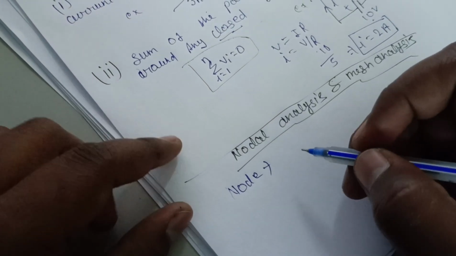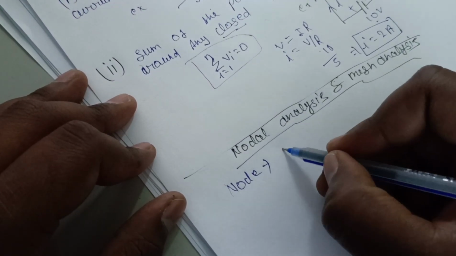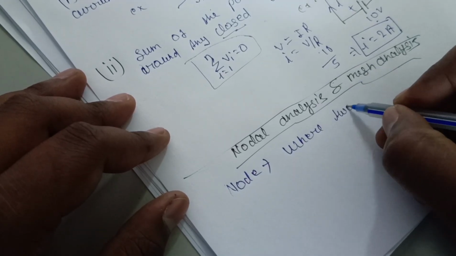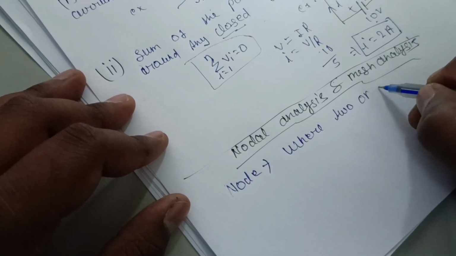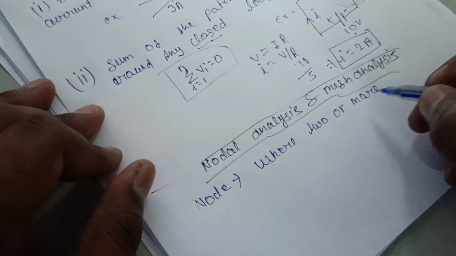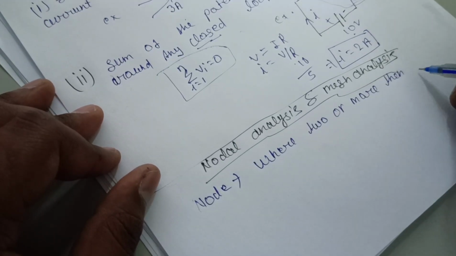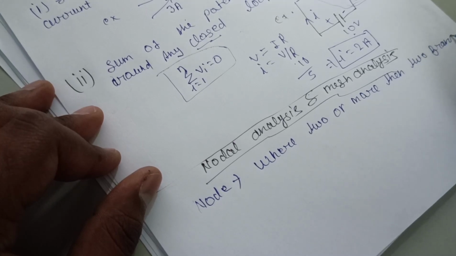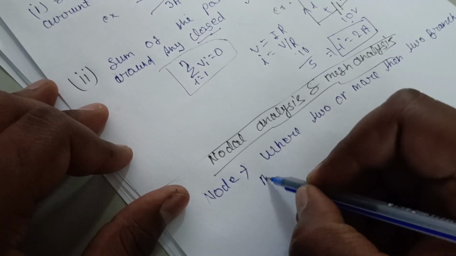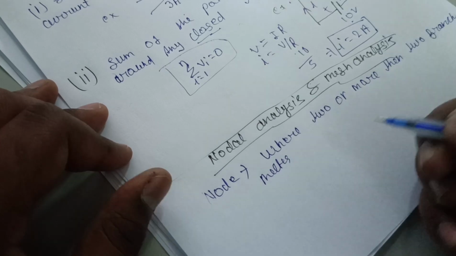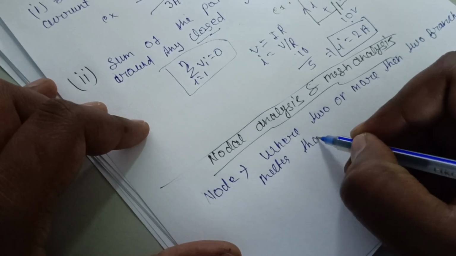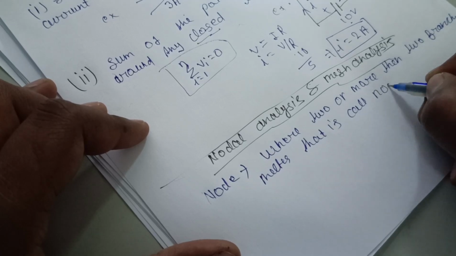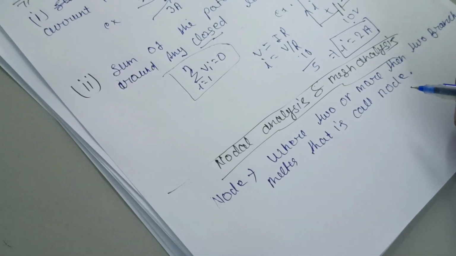First of all, a node is where the branches meet, where two or more branches meet. That is called a node.